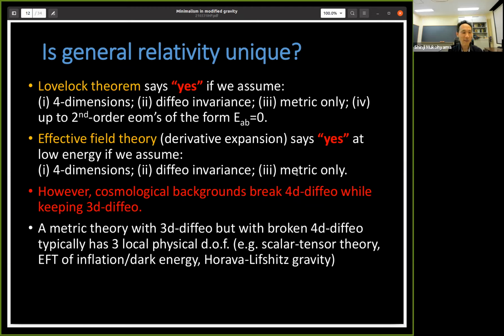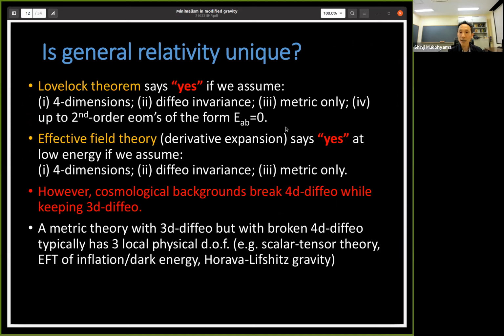With one derivative, there is no term, since the Christoffel symbol is not a tensor, so we cannot construct a scalar with just one derivative. With 2 derivatives, we can use the Ricci scalar, which leads to the Einstein-Hilbert action. Then if we truncate at that point in the derivative expansion, we end up with GR, general relativity. So in this sense, at low energy, effective field theory says yes to this question.